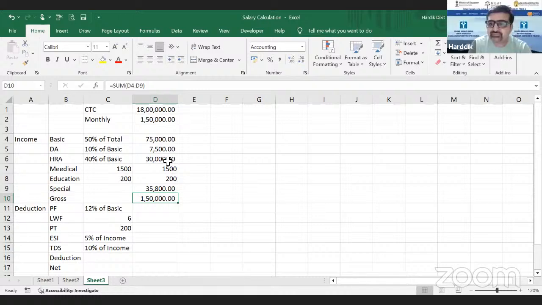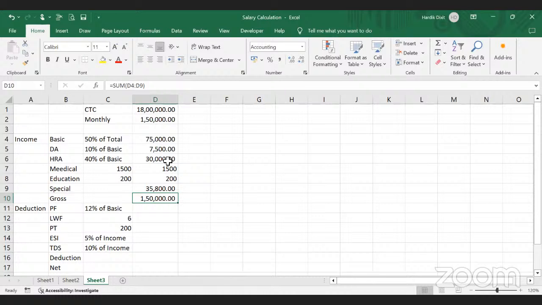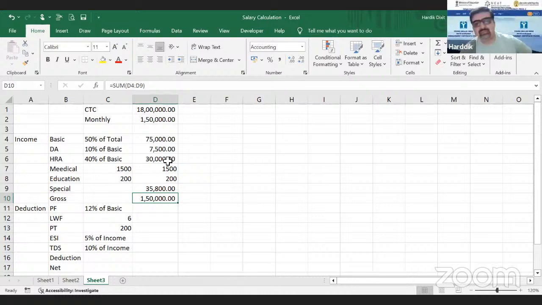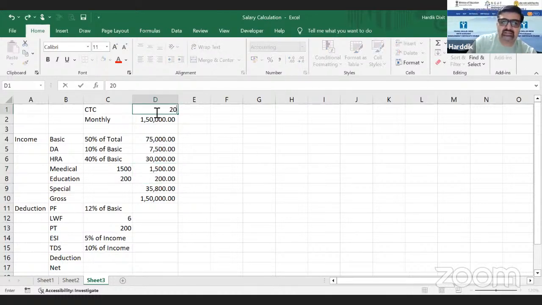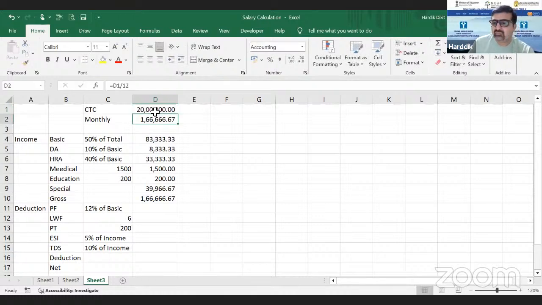Make sense? As such, it is simple mathematics. So now if I make it 20 lakhs, my value becomes 39,000.